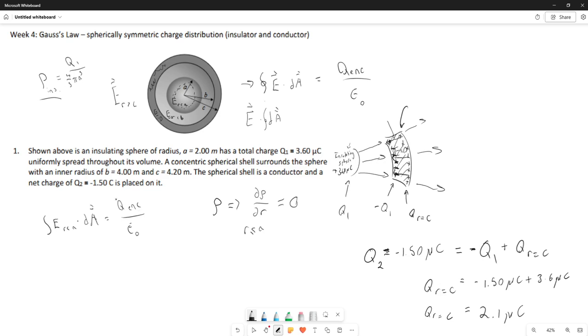But what we need to solve Gauss's law for the sphere is Q enclosed. And that means the amount enclosed at some general radius that's less than A. And what we solve for here is the charge density. But like we said earlier, the charge density is constant no matter where you are in the sphere.